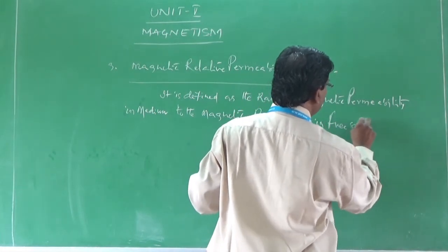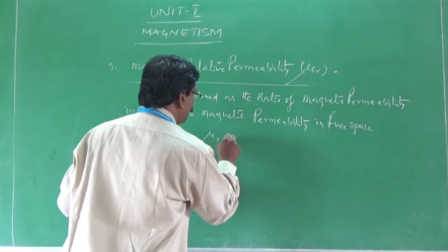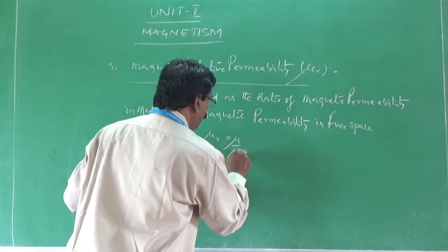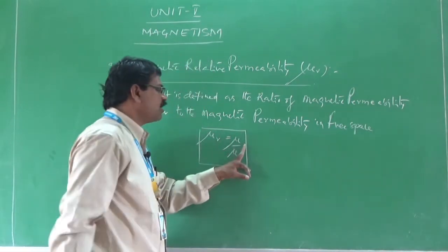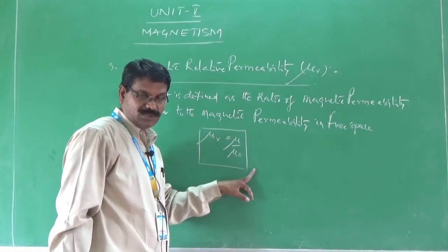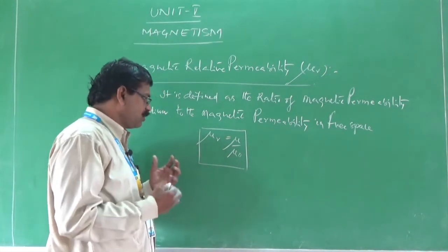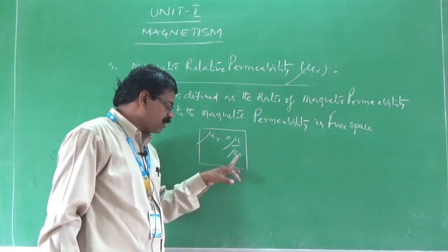How do we define this in mathematical notation? It is denoted by mu suffix r, which is equal to mu by mu naught, where mu is called magnetic permeability in medium and mu naught is called magnetic permeability in free space. So, strictly speaking, it is a ratio of magnetic permeability in medium to the magnetic permeability in free space.